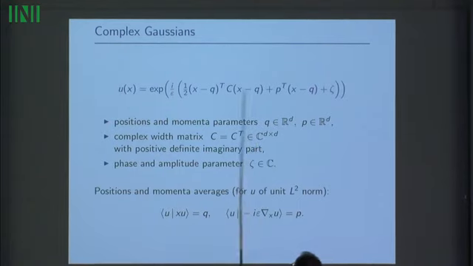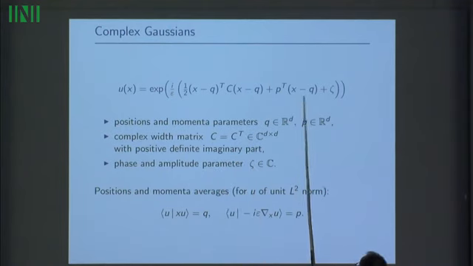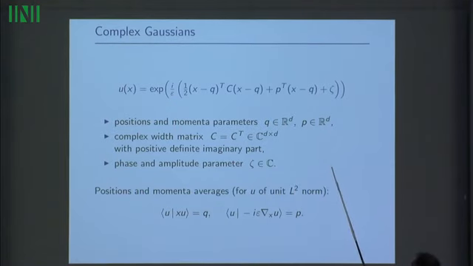So this gives us this Gaussian profile of the absolute value. Here I have a linear term. There's again centered at Q, but there's another parameter here, P, and this has the physical meaning of the momentum.